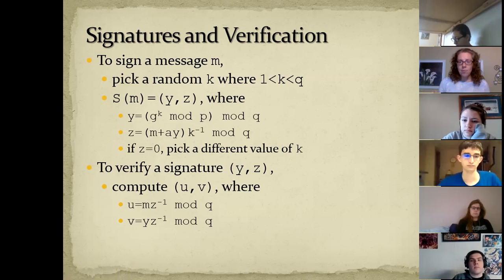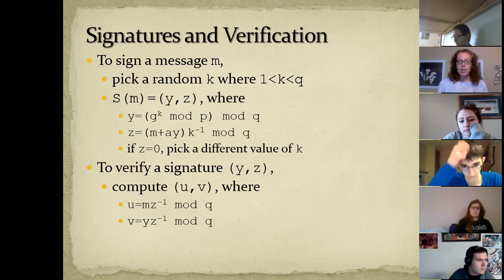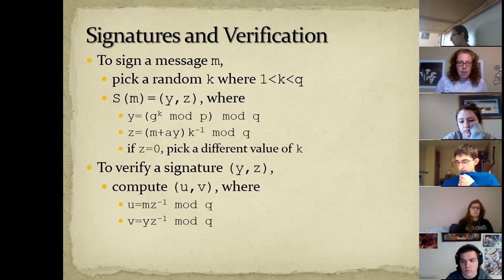Q is a prime, right? So everything less than Q is relatively prime to Q, and therefore we know Z is relatively prime to Q, and so Z inverse mod Q is going to exist.